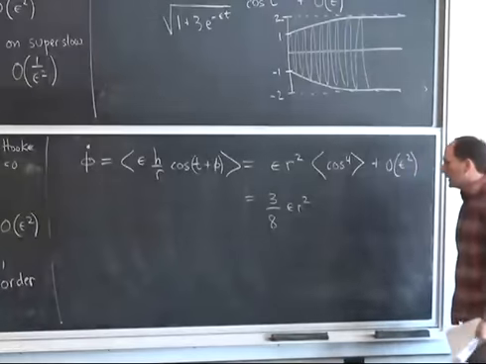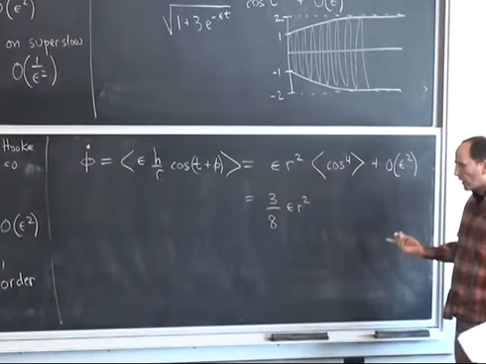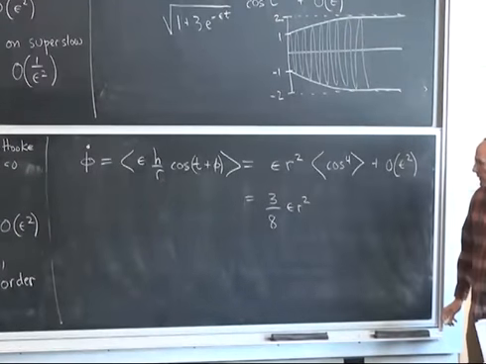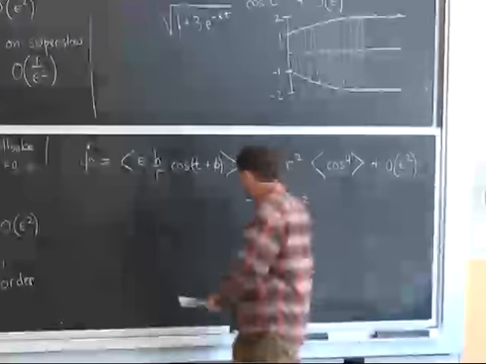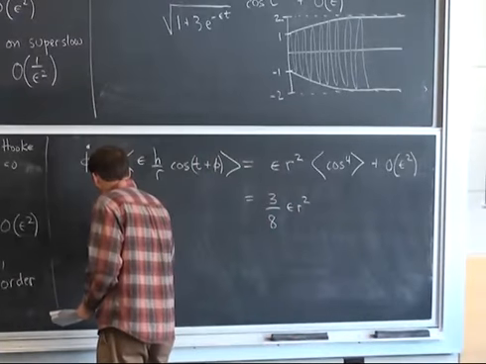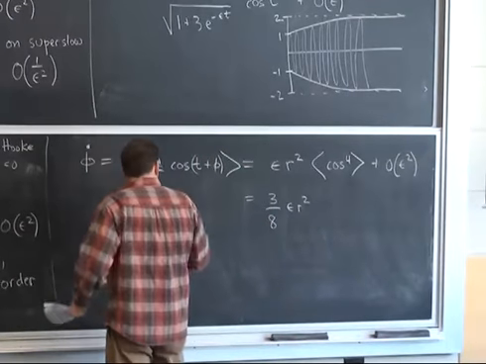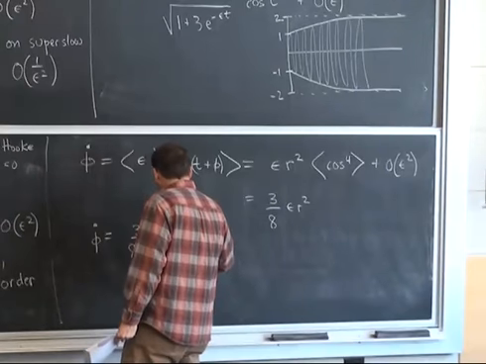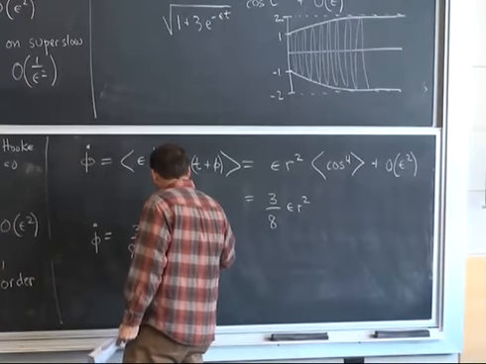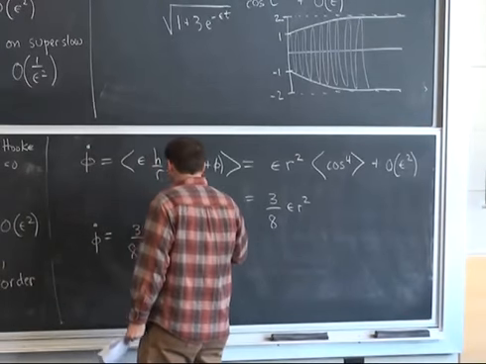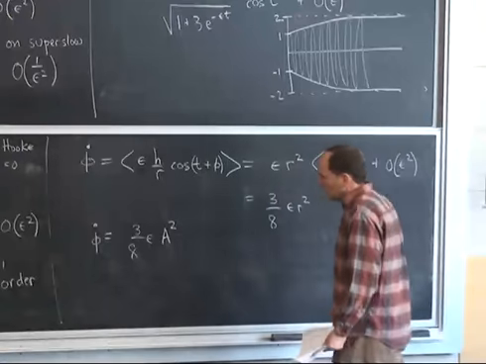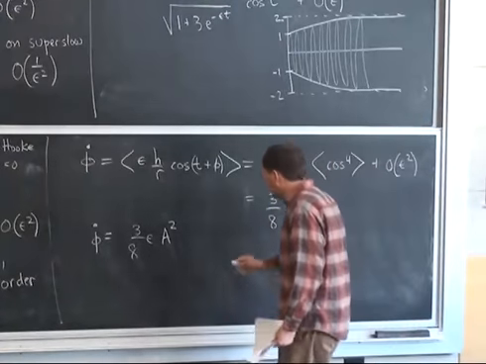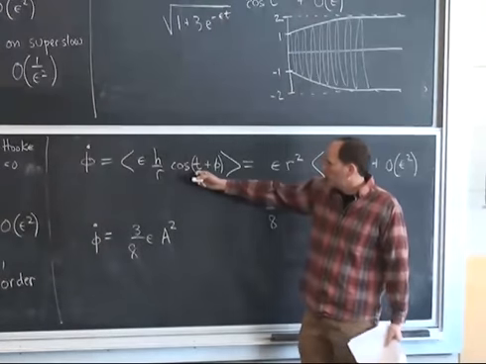So what does that tell us? If r is constant, think of r as the initial amplitude, then what we've learned is that phi dot is more or less just this 3/8 epsilon times the initial amplitude. Maybe I'll write it as a. Looks more like an amplitude squared. And so what does that mean about the period? Well, look at the angular frequency.